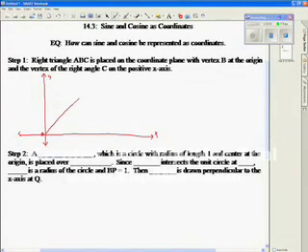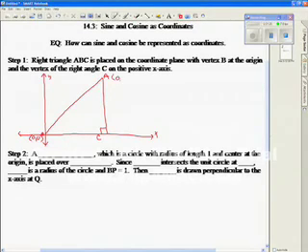Okay, so that's B. We're going to draw a right triangle. The right angle is represented by this square, and the vertex of the right angle, C, is on the positive x-axis, which means this becomes C over here. We'll call this A. So triangle ABC: B, the coordinate is 0, 0.